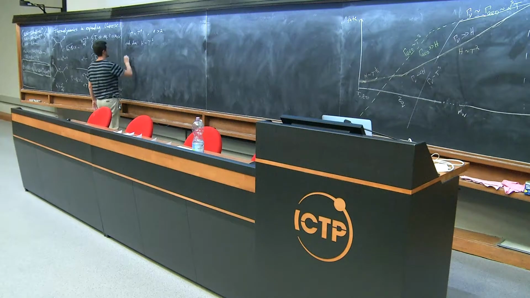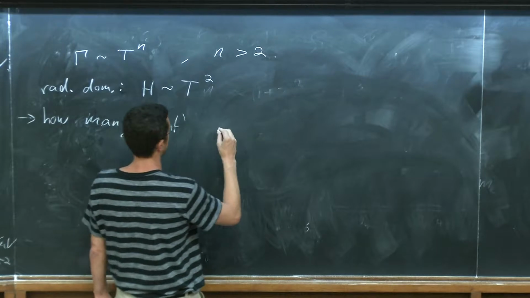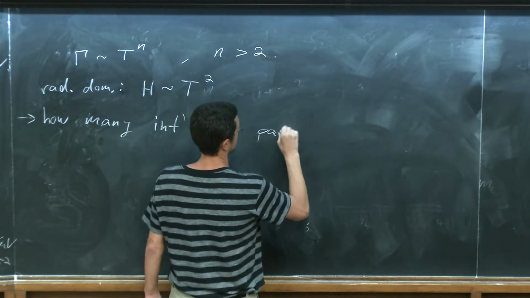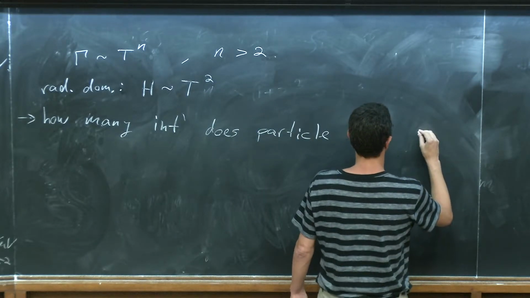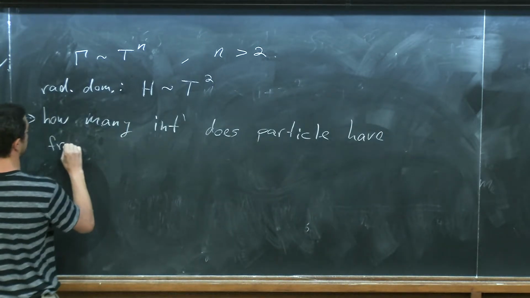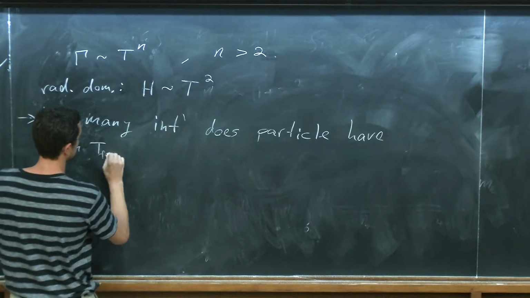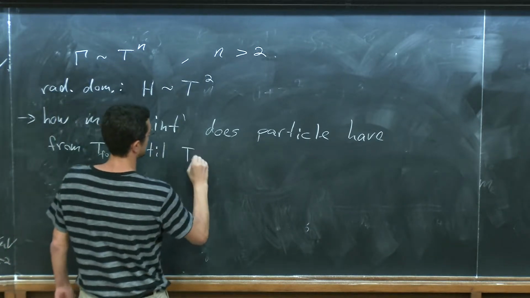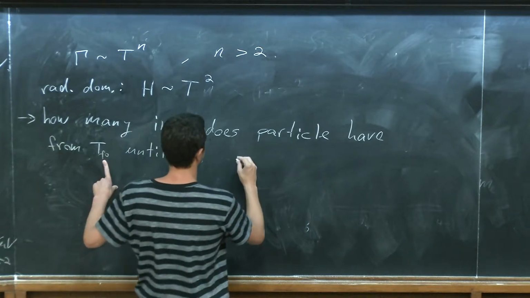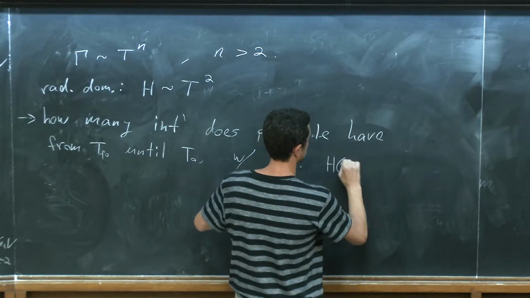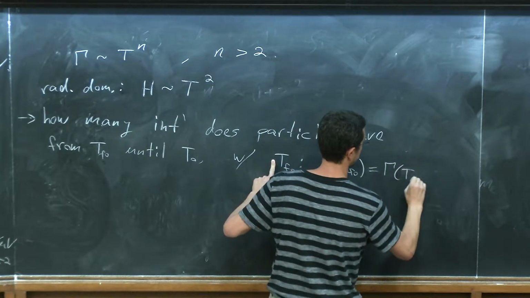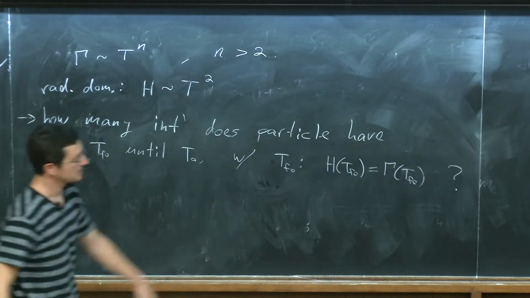So we can ask, how many interactions does the particle have from, let's call this special temperature T freeze-out, until today, when T freeze-out is defined as the temperature when the Hubble expansion rate equals the interaction rate.